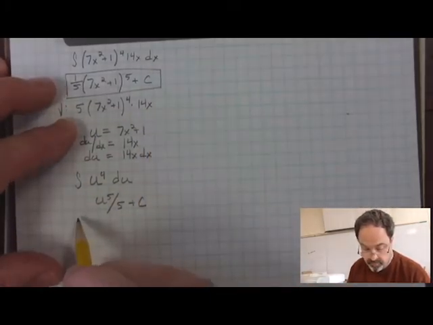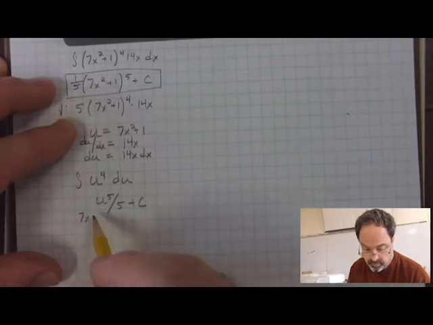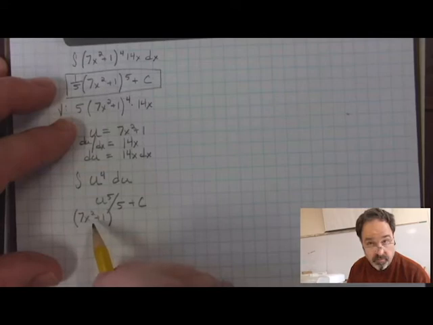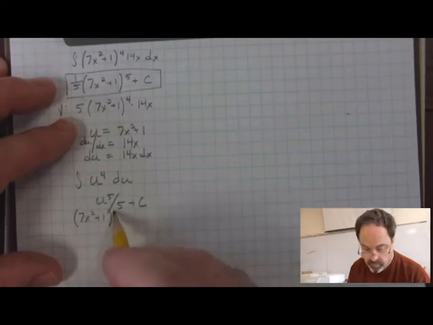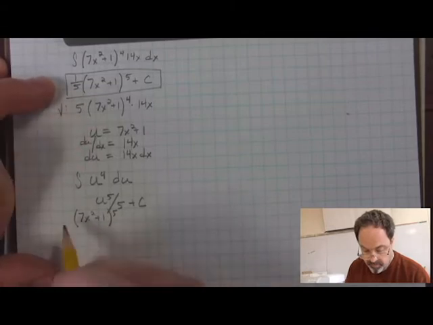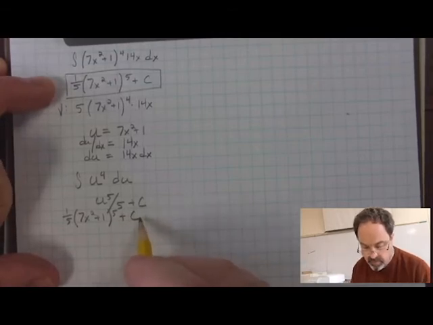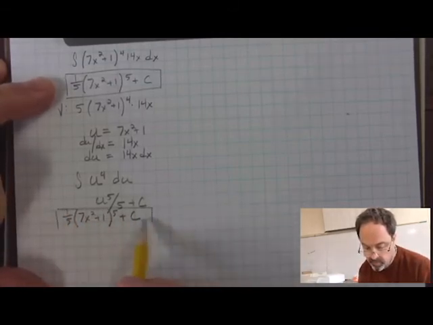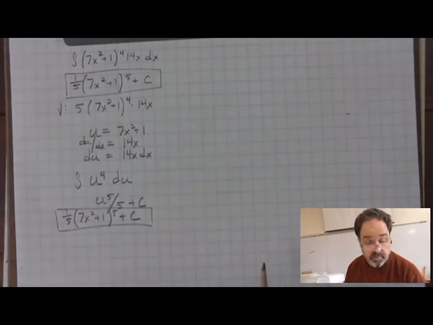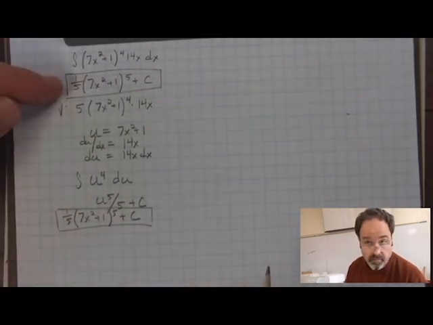So for my final step, we get 7x squared plus 1, that's resubstituting in u, for u, to the 5th power. I'm dividing by 5. I'll represent it as the fraction 1/5, and I can't forget c. I've recreated, now by a reliable process, what I expected and got previously by guess and check.